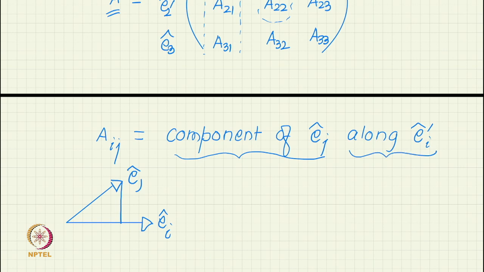So, let us say that this is E j and this is E i prime. If I want to find the component of E j in E i prime, I simply drop a perpendicular, that is, find its projection.